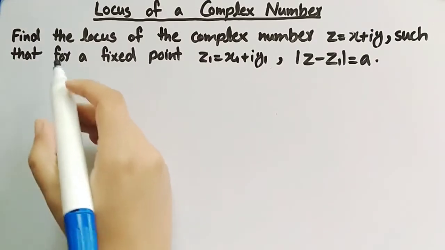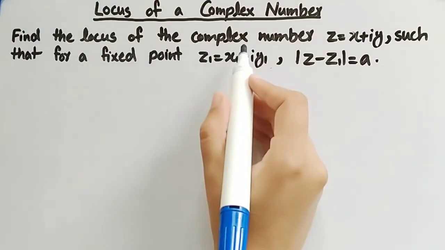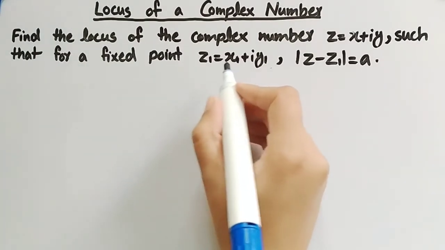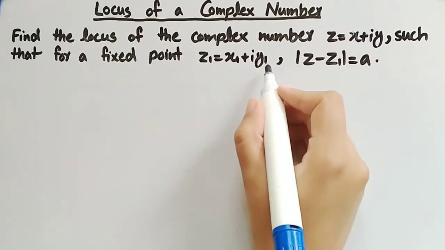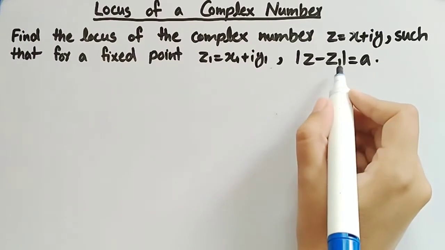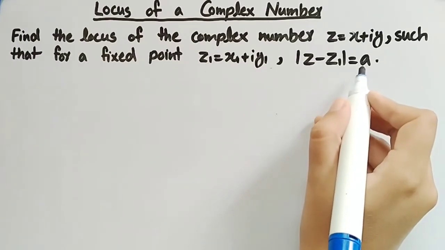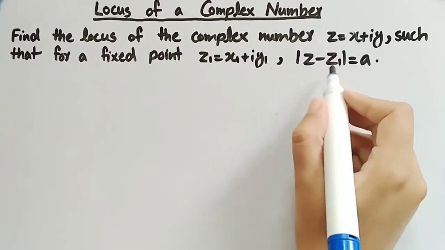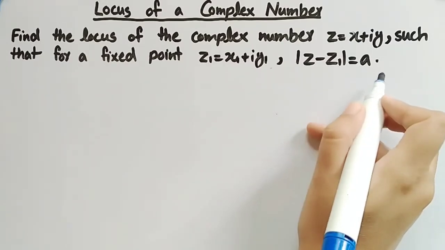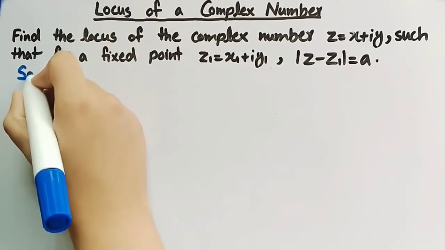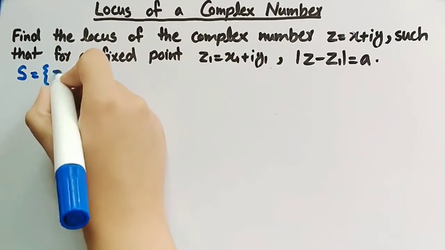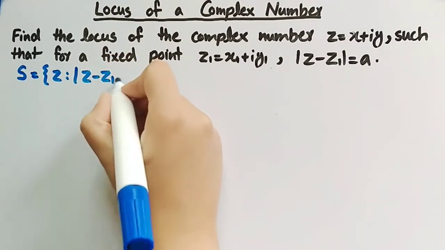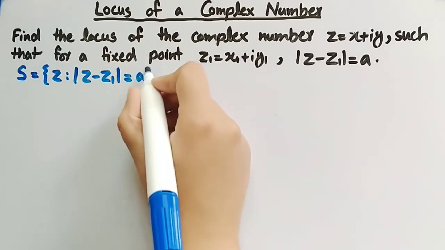In the second example, we have to find the locus of the complex number z such that, for a fixed point z1 = x1 + iy1, mod of z minus z1 is equal to a. The locus of z satisfying mod of z minus z1 equal to a is the set S, which is equal to z such that mod of z minus z1 is equal to a.